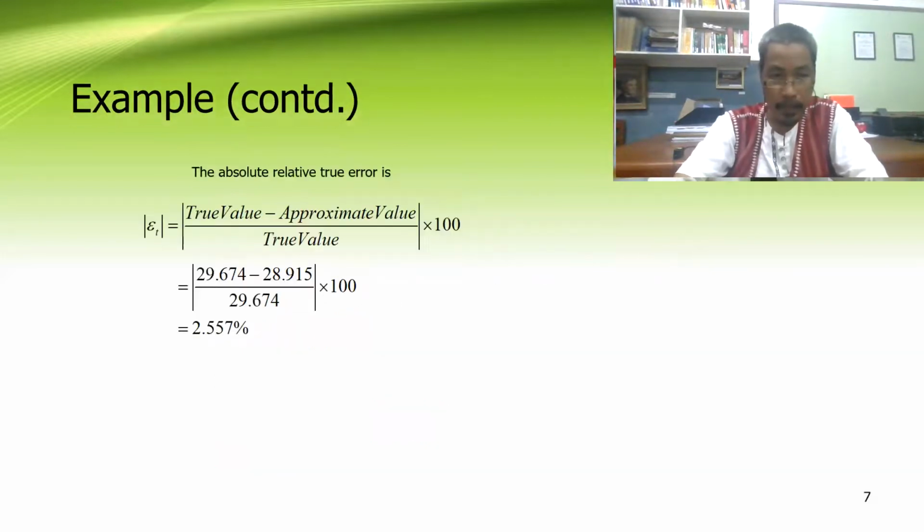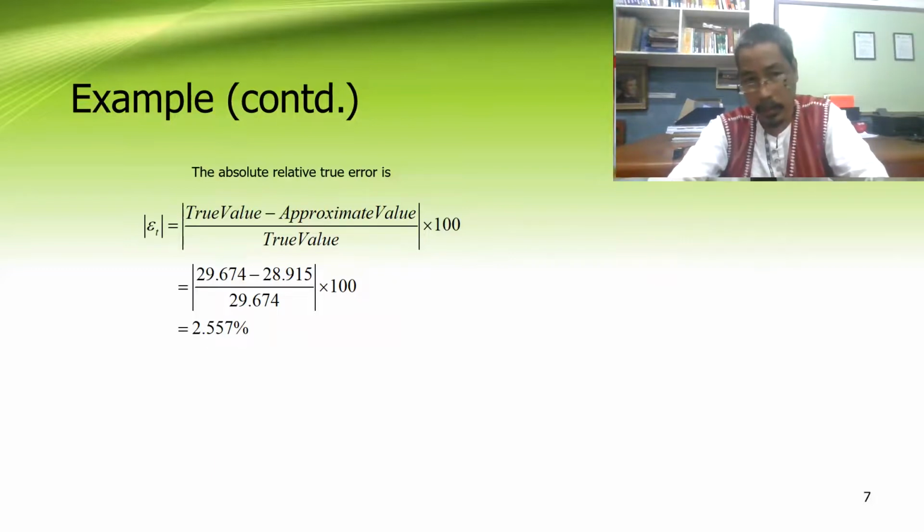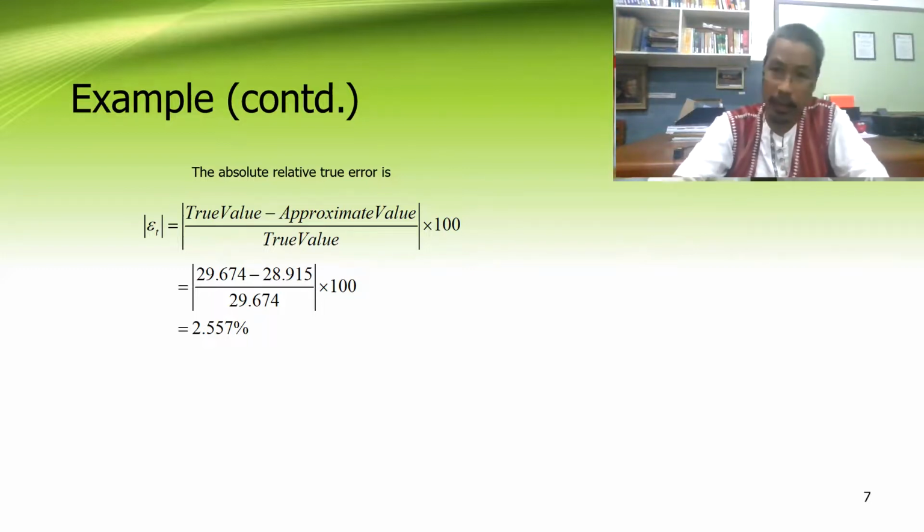Difference. So therefore, we can find out that the absolute relative true error is actually equal to 2.557, which is better. This is a better approximation than forward divided difference method.